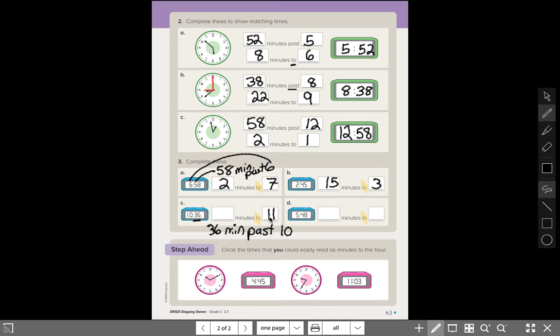Okay, so you could draw a clock over here if you wanted to think about it. That might be the easiest way to do it. Let's see if it'll let me write over here on this side. It will not. Okay. So you could draw a clock over here on the side of the page if you wanted. It won't let me do that. All right. Or you could count on. So 36, 37, 38, 39, 40.